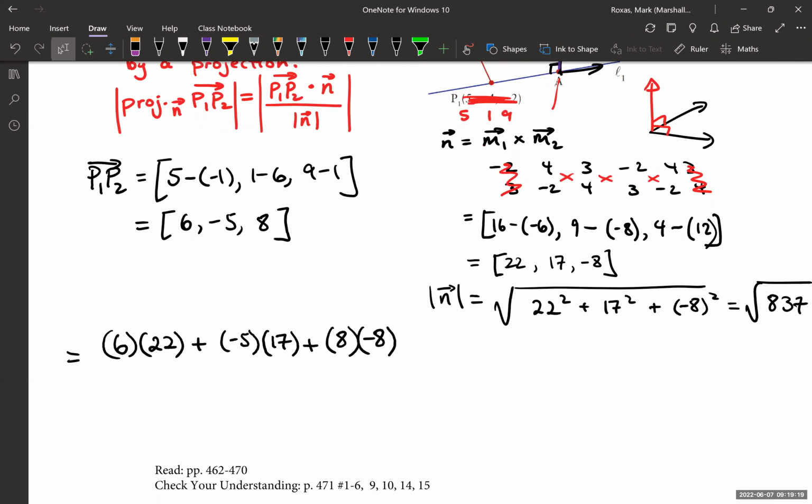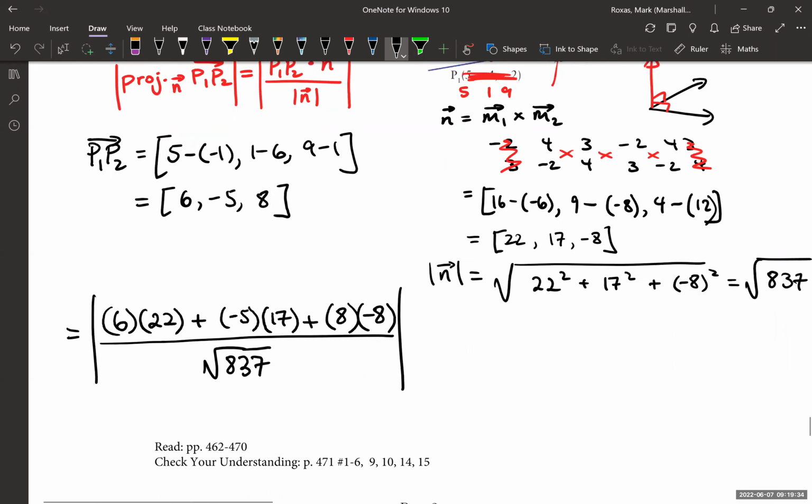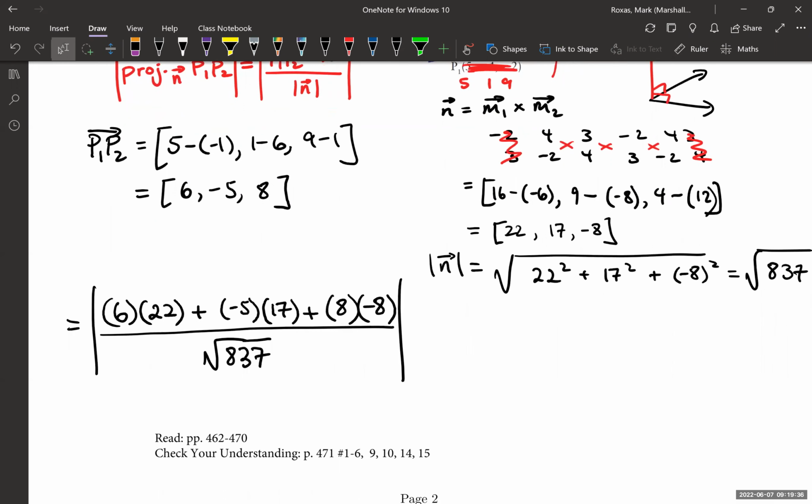Then I divide that by the magnitude of n according to the formula in red. The magnitude of n is the square root of 837, and it's going to be the magnitude of all of that. If you simplify the top, we get 17, and the bottom is the square root of 837. Both are positive, so we're good to remove the absolute value sign.